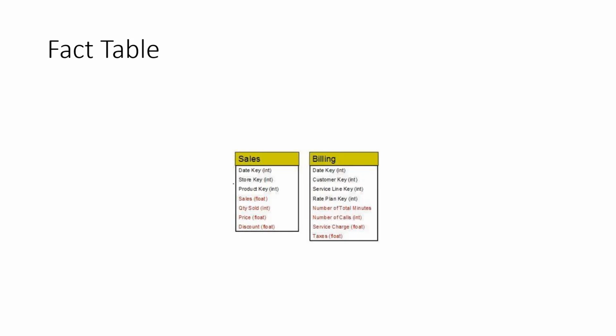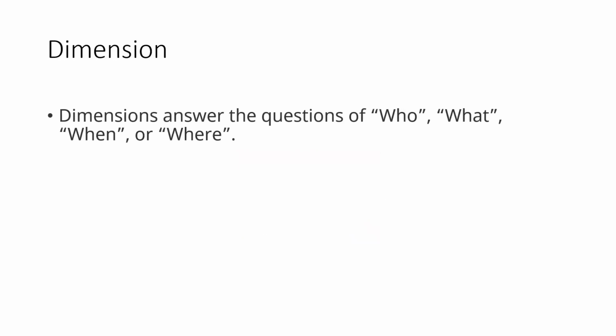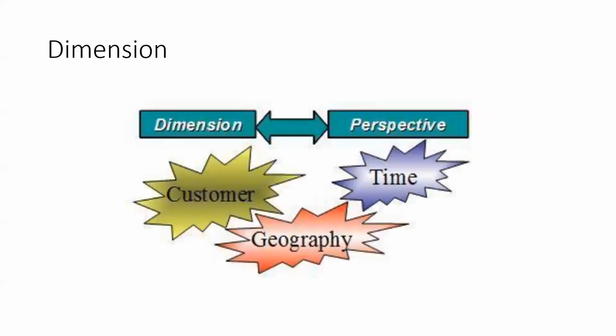What is a dimension? Dimension is one of the most important things as well. It should answer the questions who, what, when, where. We can also say a dimension is master data, just like customer, where we store customer information somewhere. The fact table should be much larger in size because daily transactions happen.